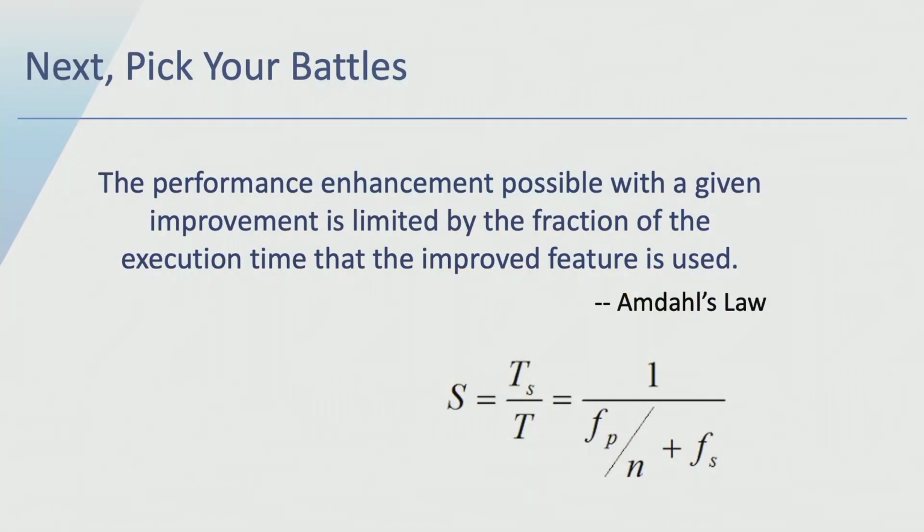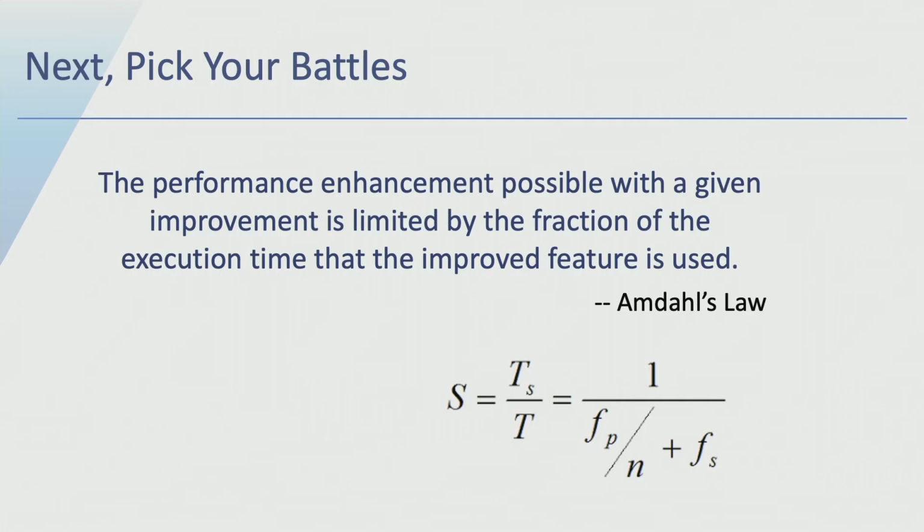So that's the free and easy stuff, but now you've got to focus on where you should make code improvements. And when you're making code improvements, it's really important to pick your battles. Now, how many people have seen this slide before? I show it a lot.